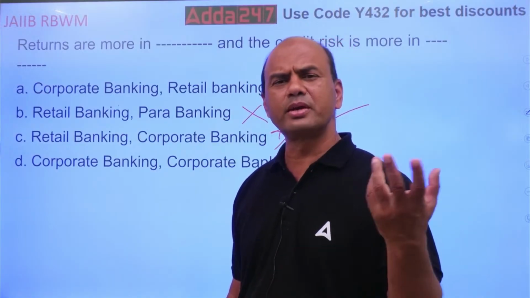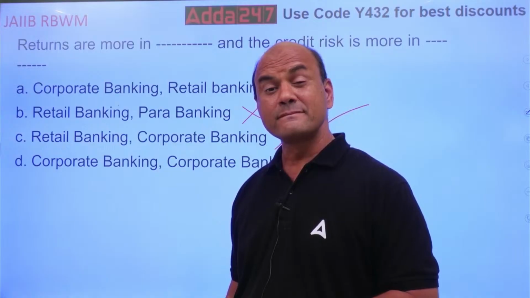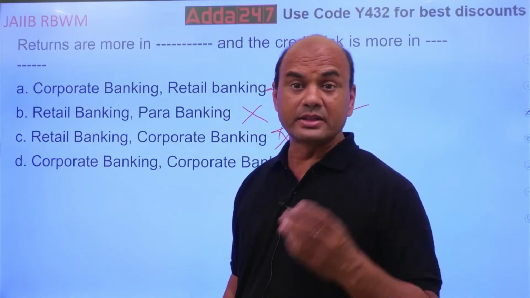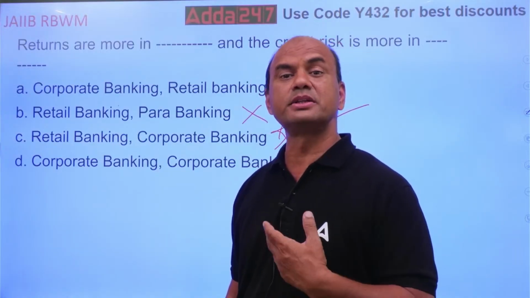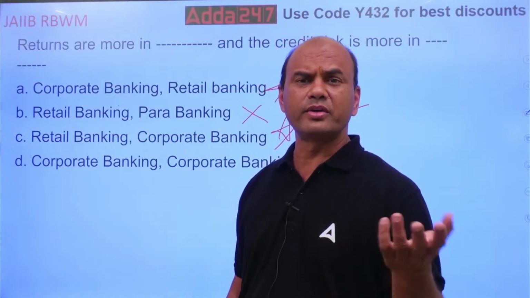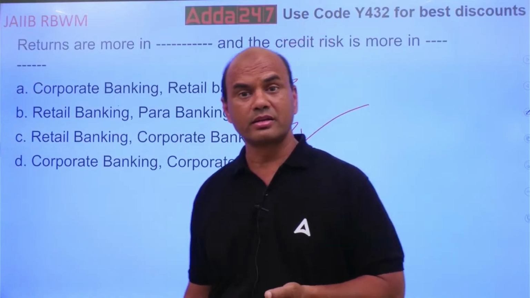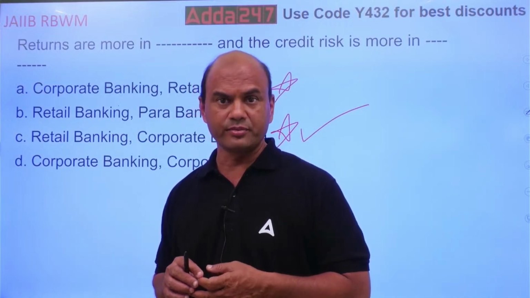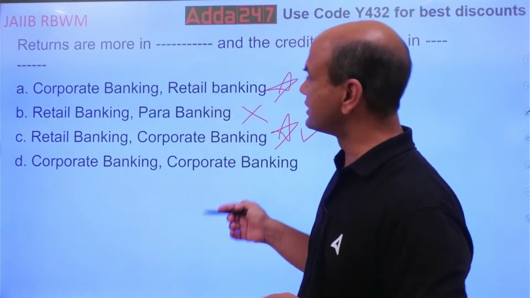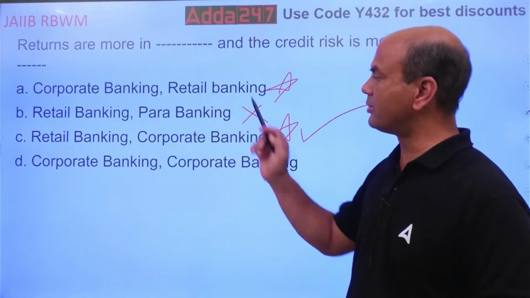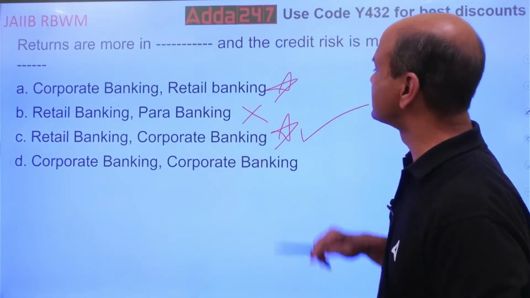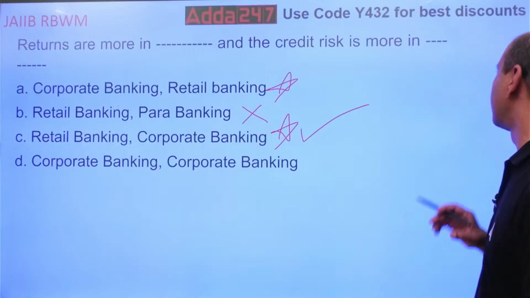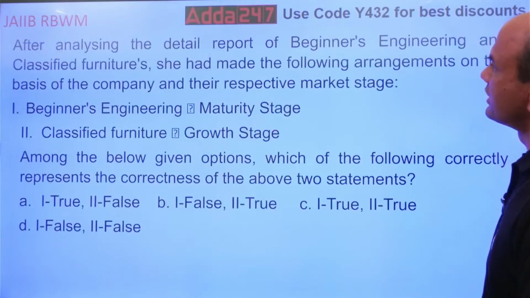Imagine if one loan becomes NPA, what will happen? And such loans, 1000 crores are disbursed around 20, 25, 30 per day. So huge risk you are taking in corporate banking. Okay? So the answer is this. Returns are more in retail banking and credit risk is more in corporate banking. Got it? Read this.